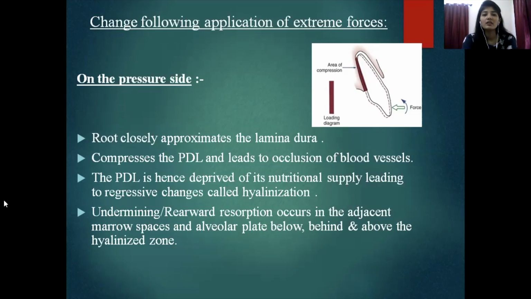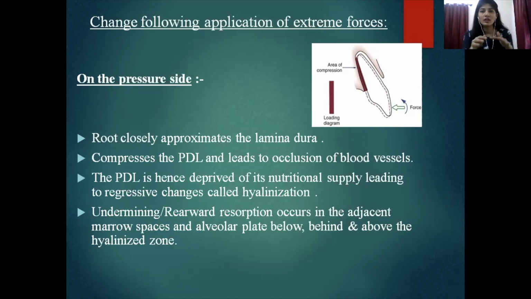The undermining bone resorption happens because there is some dead tissue. Necrosis is nothing but an area which is deprived of blood vessels or blood, deprived of nutrition. There is decomposition of that area.